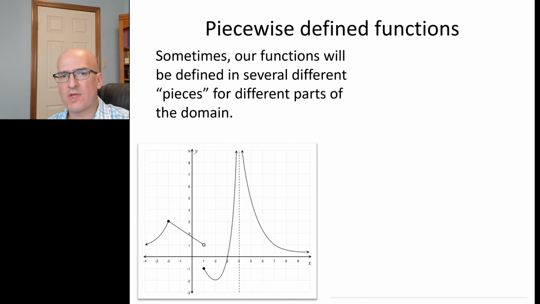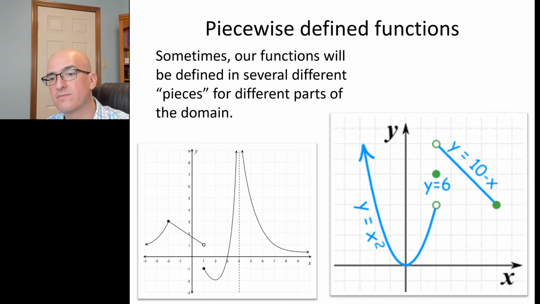So they'll do something like quadratic type behavior in one spot, linear behavior in another spot, maybe quadratic and hyperbolic behaviors in other locations. They might have holes, and they have jumps, and they have places where they're discontinuous, places where the y value changes abruptly as we cross a particular x coordinate, places with what are called vertical asymptotes, where the y value of the function goes to plus or minus infinity.